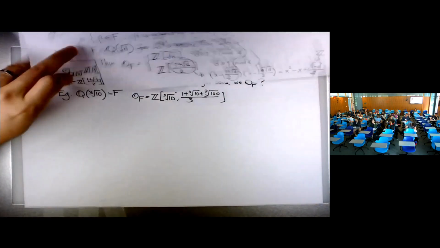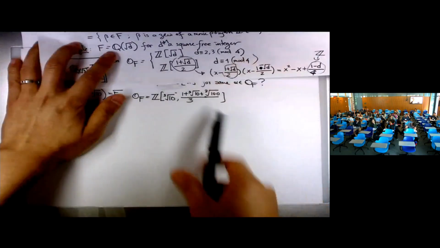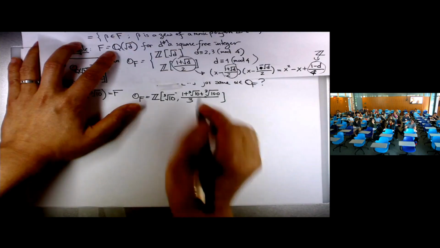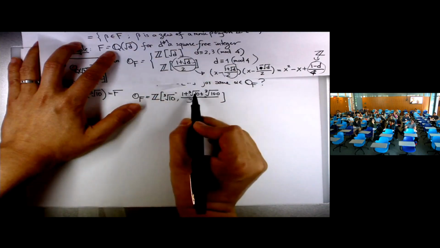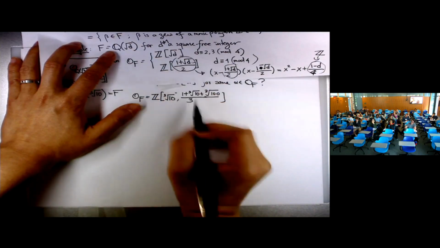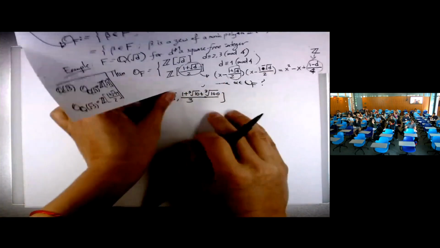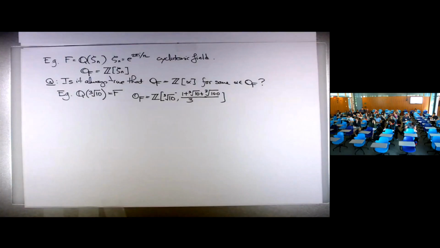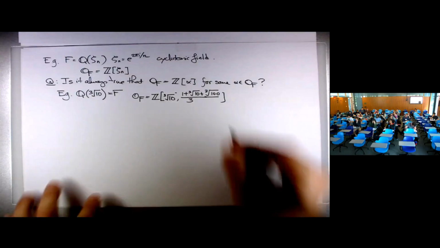These two share some similarity if you think about it. So this is like (1 plus alpha) over 2, and this is like (1 plus alpha squared) over 3. You can find such examples a lot of the time. But it turns out this is not quite a counterexample.